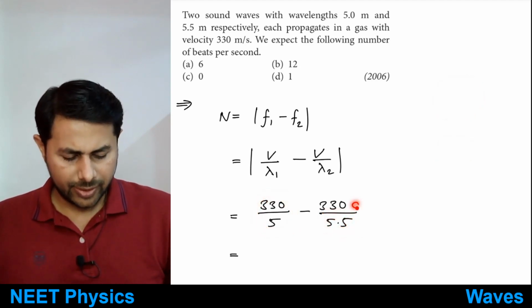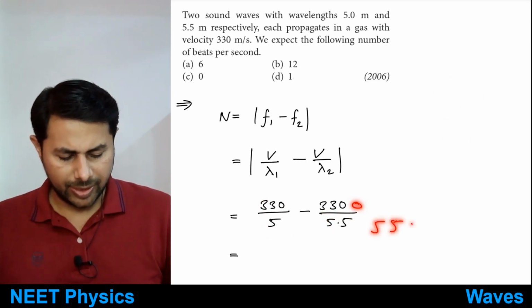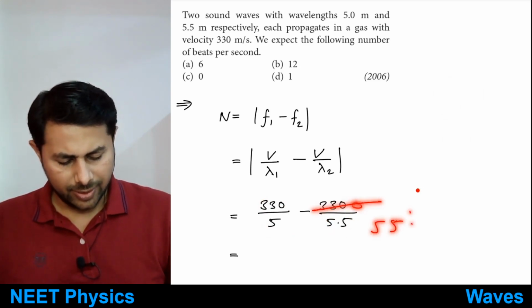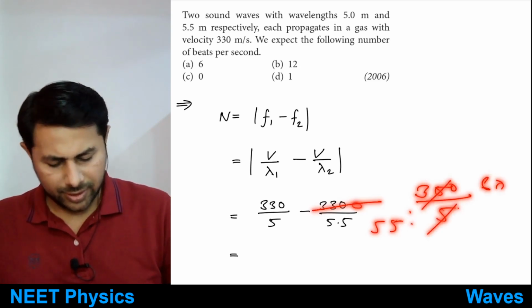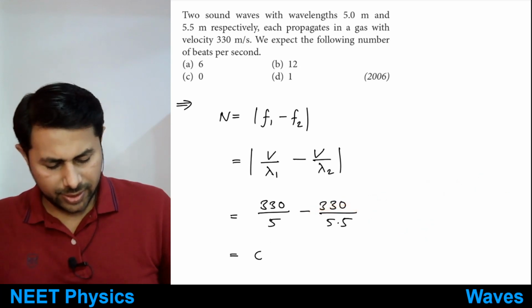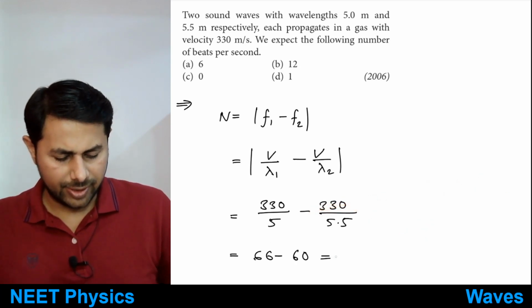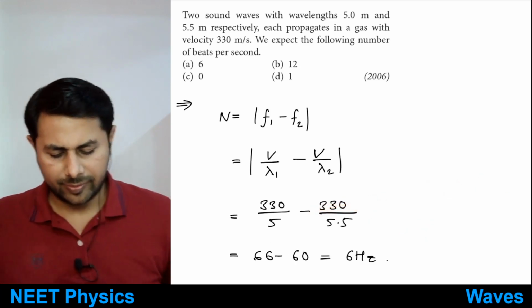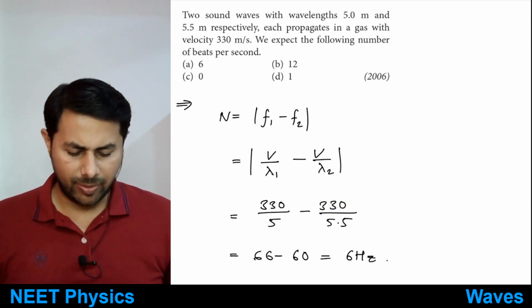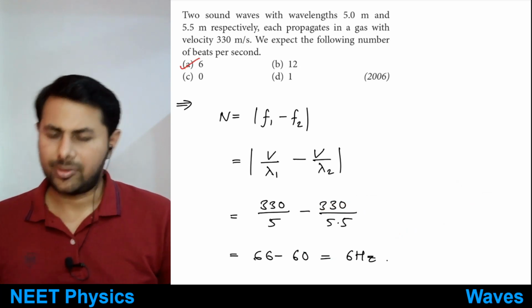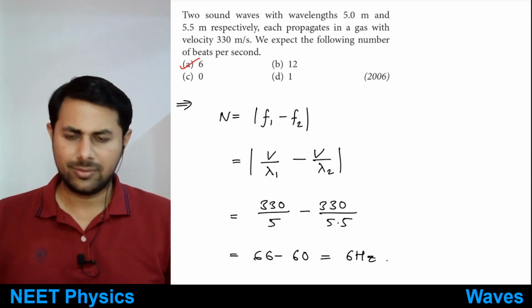Okay, so let's put one more 0, so this would be 3300 divided by 55, then divide by 11, so this would be 300 and this would be 5. Yeah, so it is 60. So this is 66 minus 60 means 6 hertz. Okay, so how many beats are formed? 6 beats are formed, right? This is clear? Yes, no?